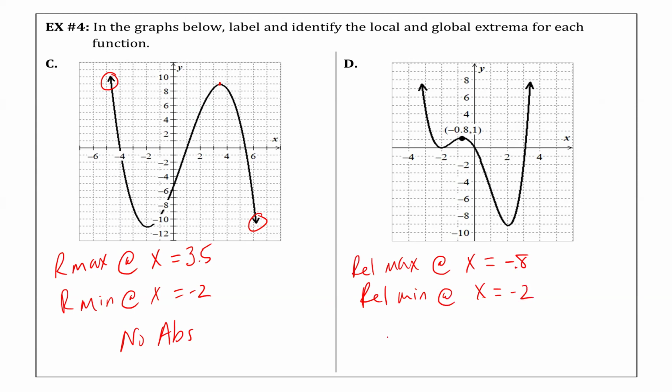And then I had an absolute minimum. And where is that at? At x equals 2. Yeah? All right. So we confident, comfortable? Any questions, comments? Okay.